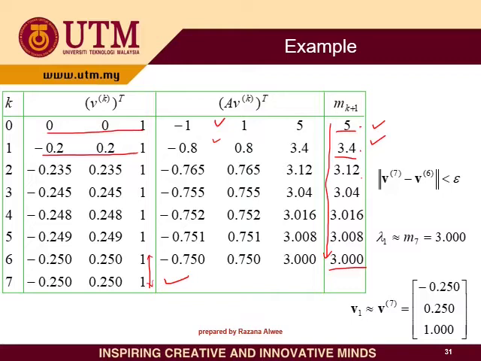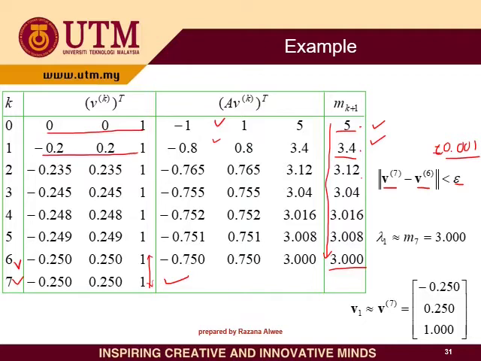So when we want to show the solution, you say that V7 here, which is this one, minus V6, which is this one, is less than our error, which is less than 0.001. Remember our error previously? So V7 minus V6 is less than 0.001, so you can stop.